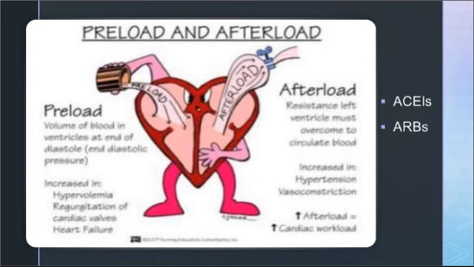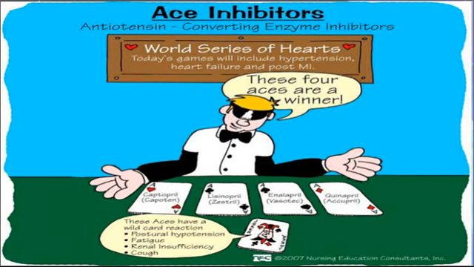ACE inhibitors are not to be used alone in the African American population. They're used in combination, usually with a diuretic. I do have another slide here where I talk about your ACE inhibitors. It's your PRILs, which decrease peripheral vascular resistance, which decreases your afterload.